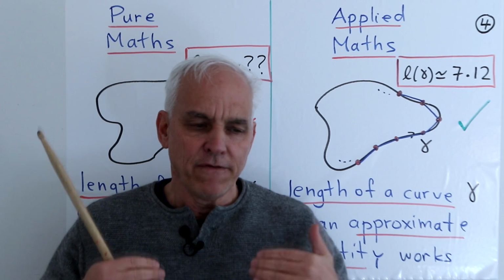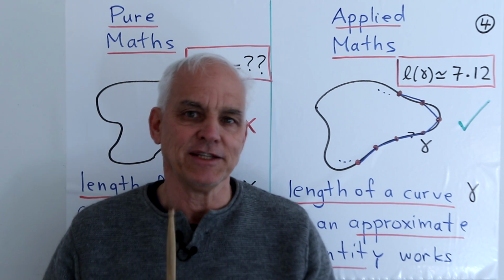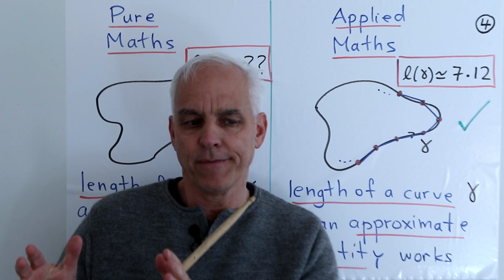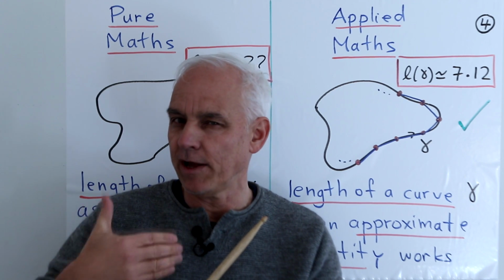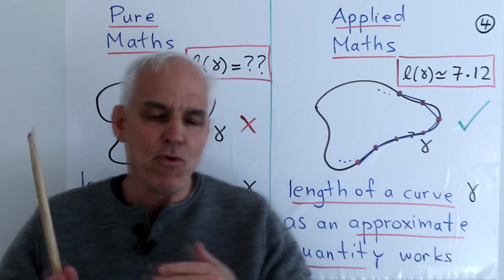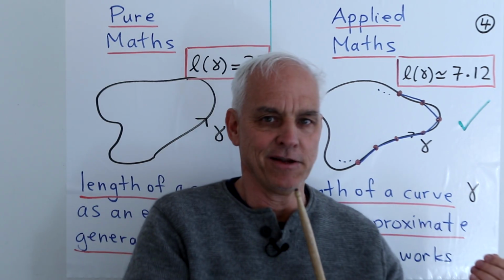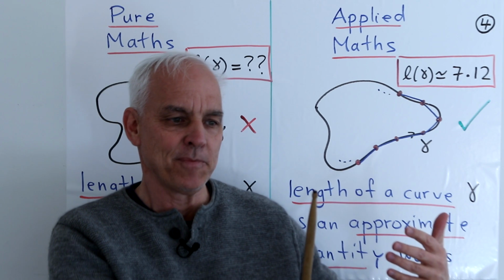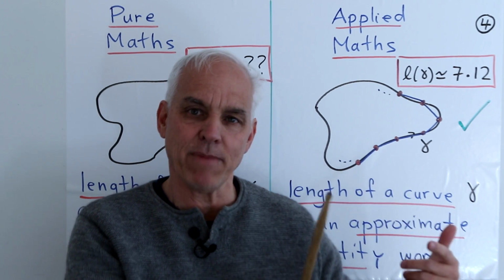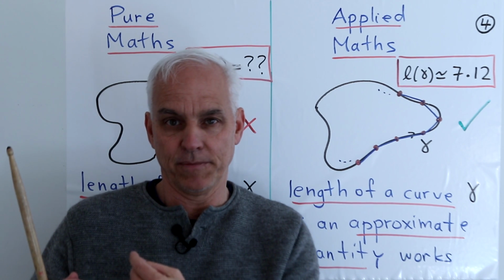And unfortunately, the sociology of things these days is such that pure mathematicians, when they're responding to criticisms of the kind I'm likely to raise, will move over to the applied side and use the techniques and the thinking and the power of applied mathematics to justify what they're doing.